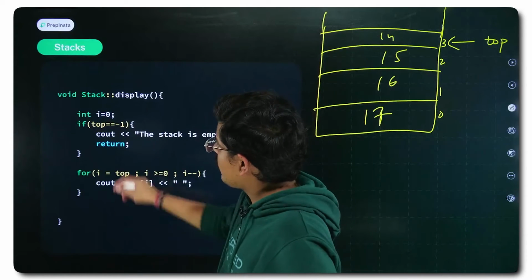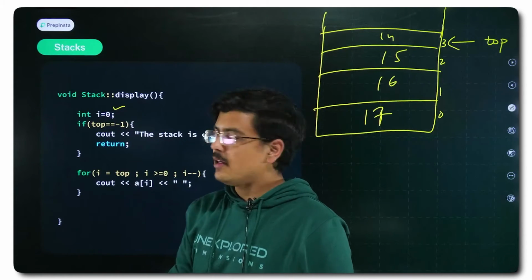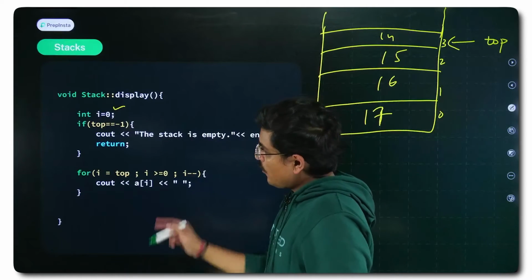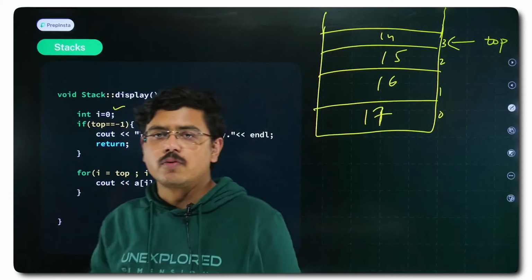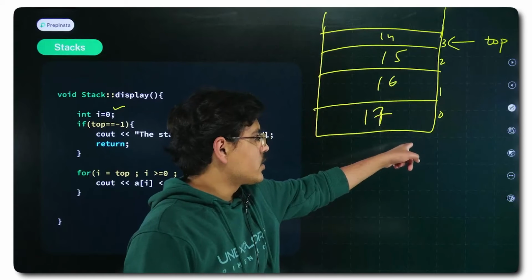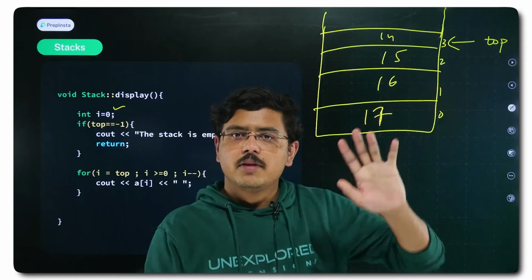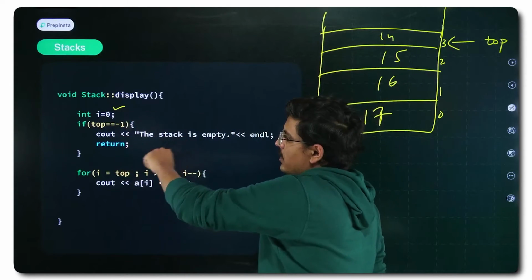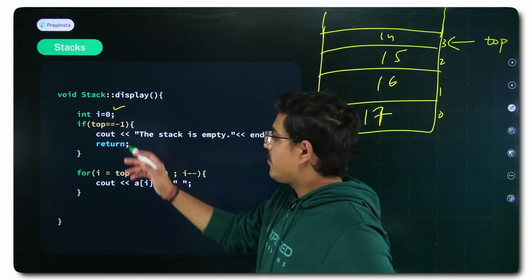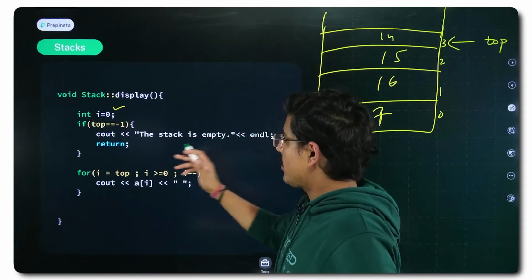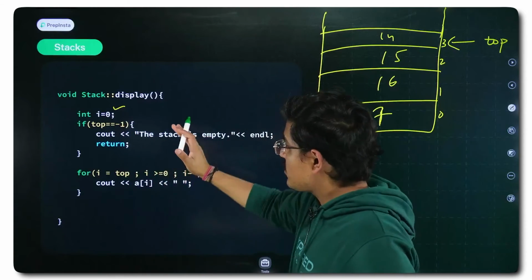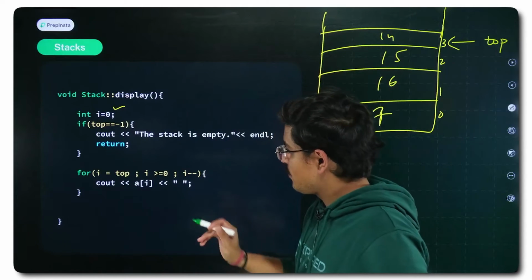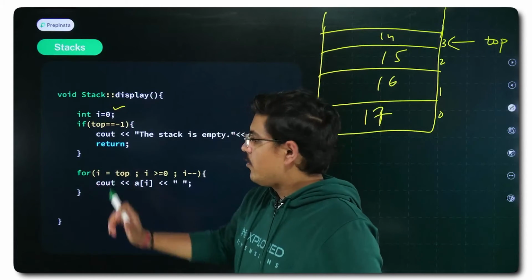In this case, first of all you declare a variable i which is equal to 0. Now you check, if top equal to minus 1, if top had been minus 1, then the stack would have been empty. Basically, the emptiness of the stack is being checked. If the stack is empty, you can write and return. If it is not the case, then you apply a for loop.